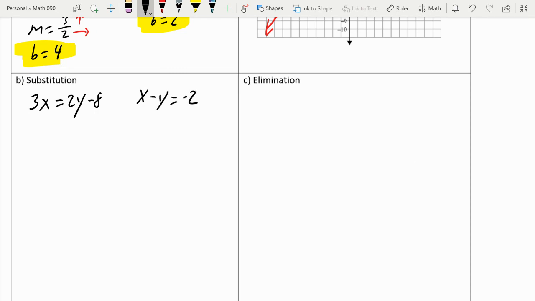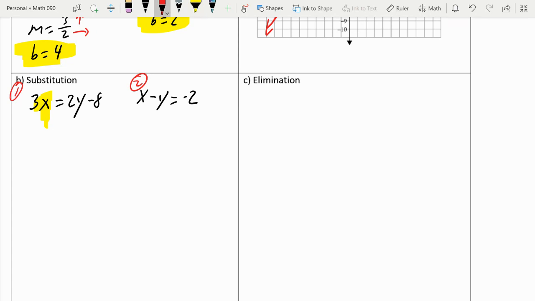Now, I could go through and solve equation 1 for x and then take that answer, whatever we have left, and plug it in over here for equation 2.